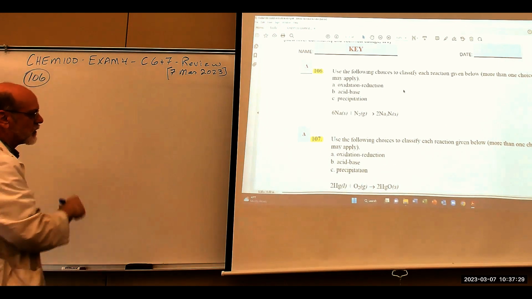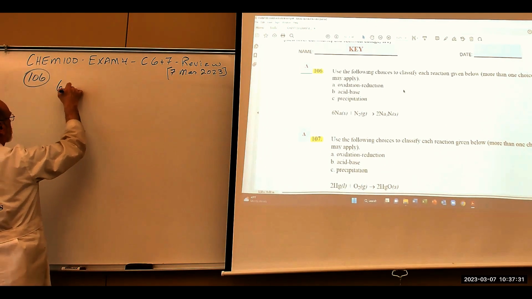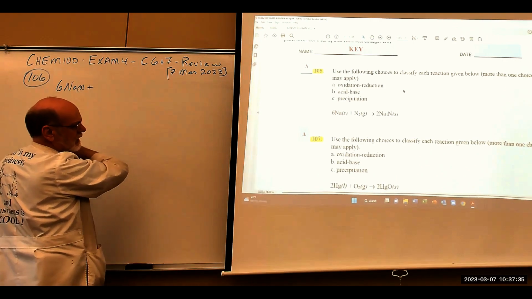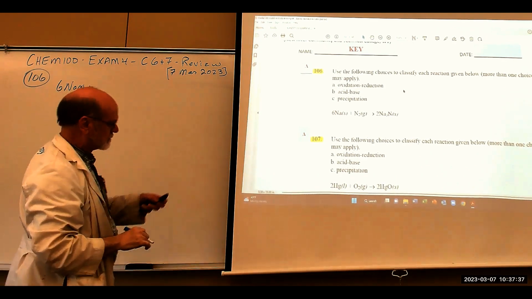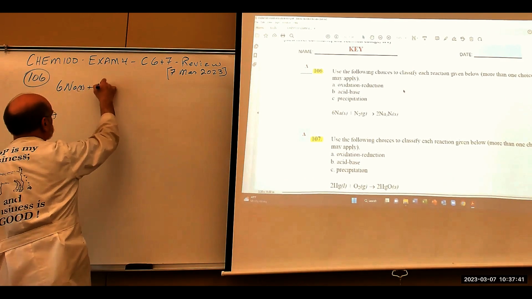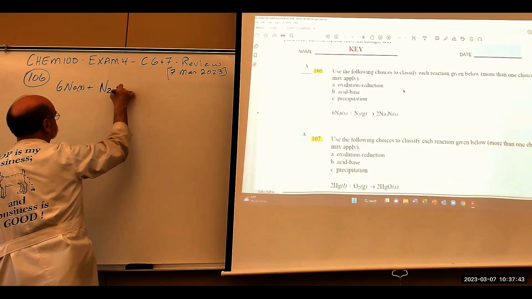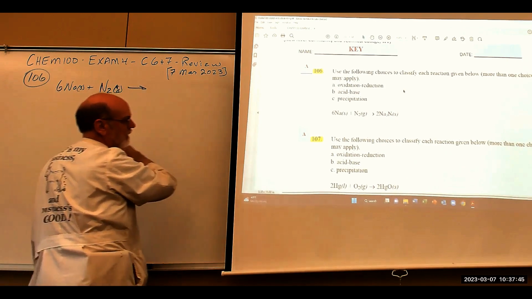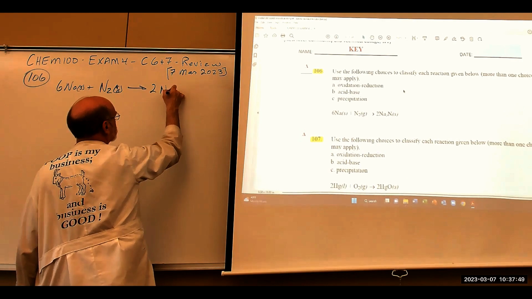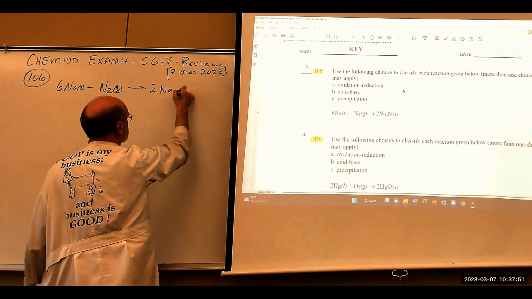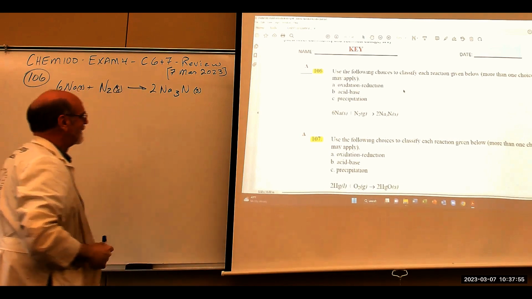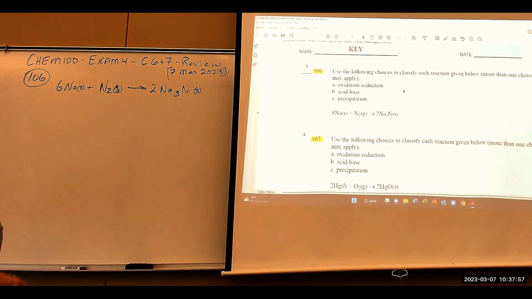Our reaction is sodium solid plus nitrogen gas yields 2 Na3N in solid. Sodium nitride.